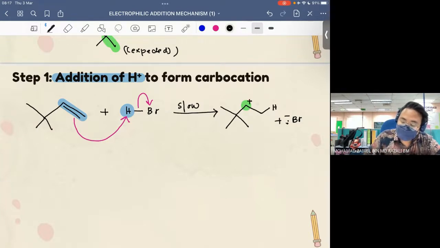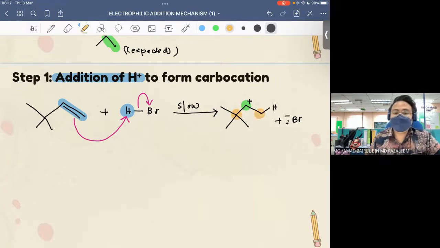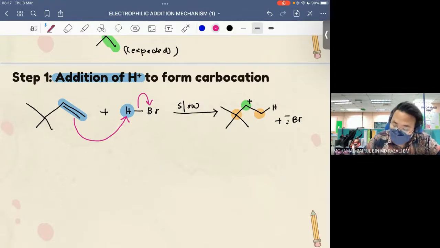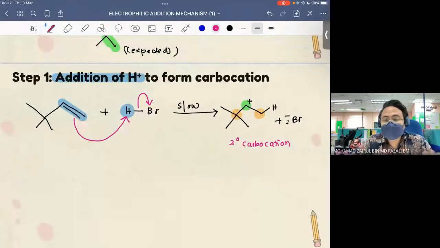So, kalau awak tengok, the class of carbocation for this adalah secondary. Sebab apa? Sebab the C plus itu bonded to 2 carbon. Kalau dia bonded to 2 carbon, dia adalah secondary carbocation. Now, macam tadi, kalau kita form carbocation, kita kena check the possibility for the rearrangement.